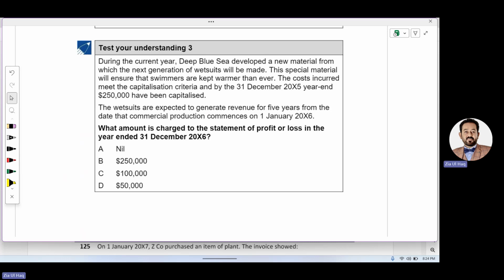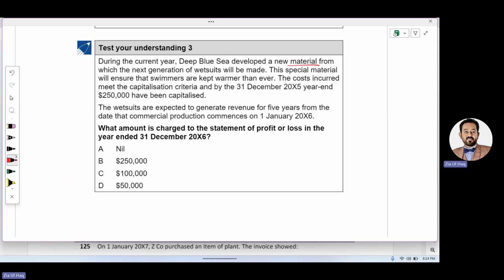During the current year, Deep Blue Sea developed a new material from which the next generation of wetsuits will be made. New material they have developed, meaning development cost. This special material will ensure that the swimmers are kept warmer than ever.